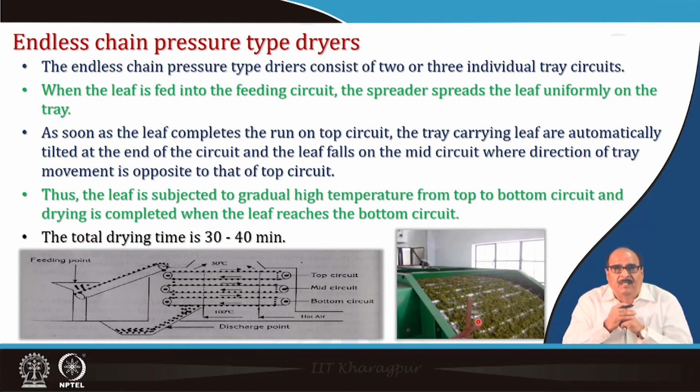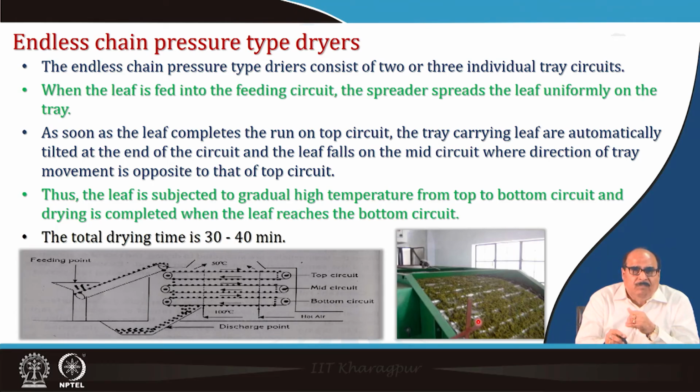As soon as the leaf completes the run of the top circuit, the trays carrying the leaf are automatically tilted at the end of the circuit, and the leaf falls on the mid circuit, where the direction of tray movement is opposite to that of the top circuit. You can see here the mid circuit.